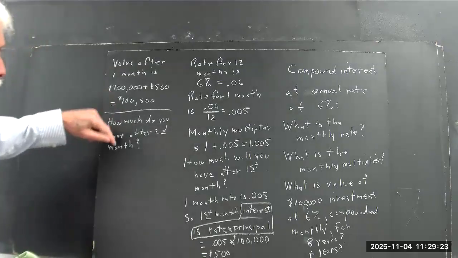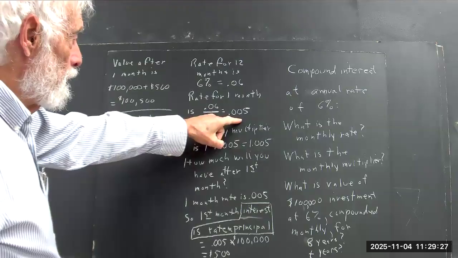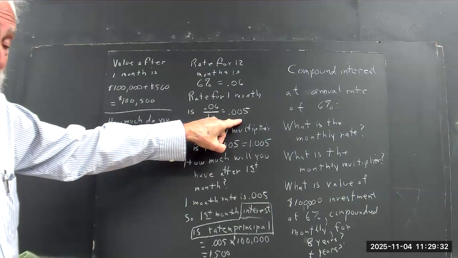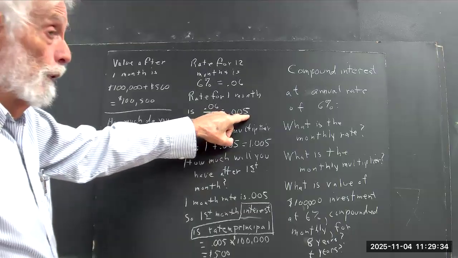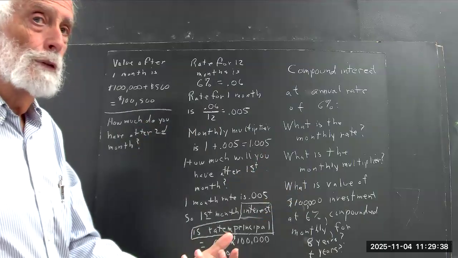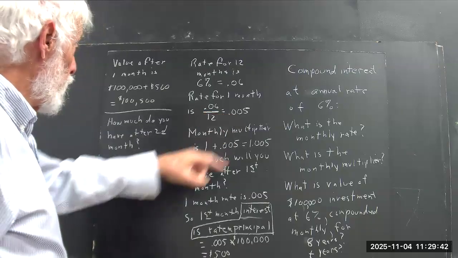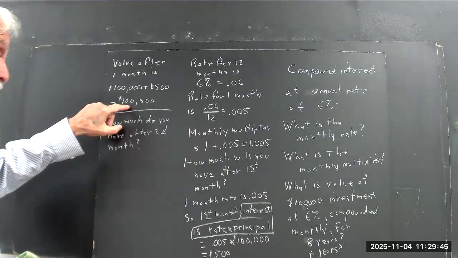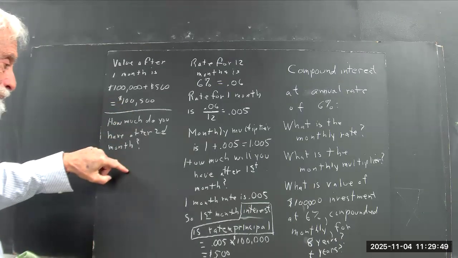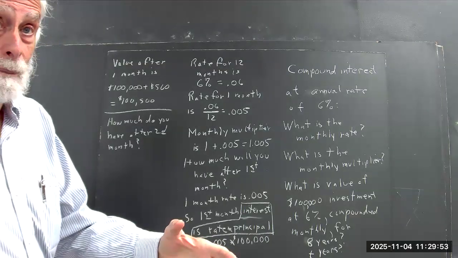All right, now after the second month, we get to multiply our amount by 0.005 again. Now there's a temptation just to double the 0.005 because it's 2 months, and that would make sense if this was simple interest, but this is compound interest, which means we multiply the 0.005 by the number we have after a month, which is more than the amount we started with. So we're going to get a little more interest.